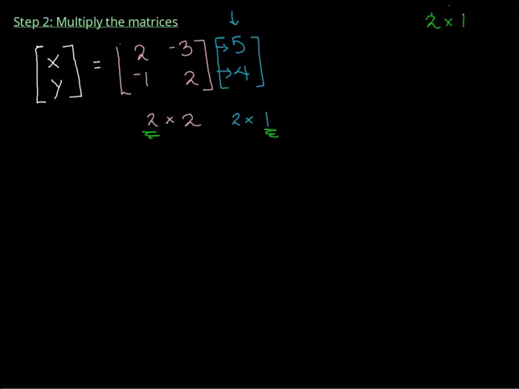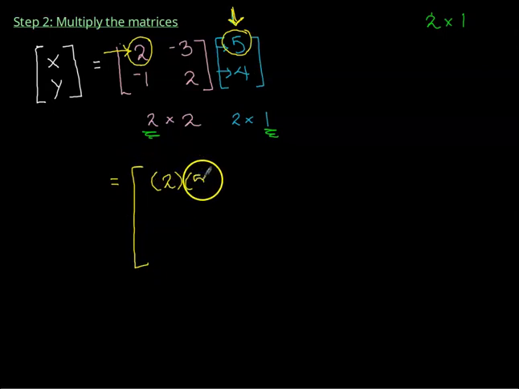All right, so how do we actually start this whole multiplication process? So what I'm going to do is take each number in the first row and multiply it by each number in the first column. So 2 times 5 plus, first row, still multiplying by the first column, negative 3 times 4.